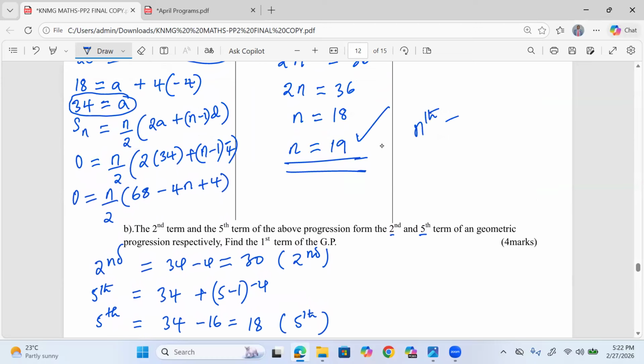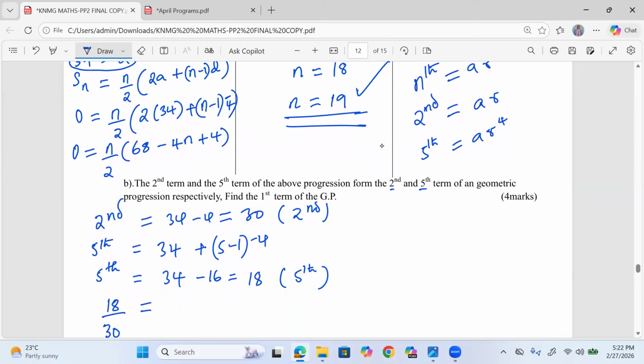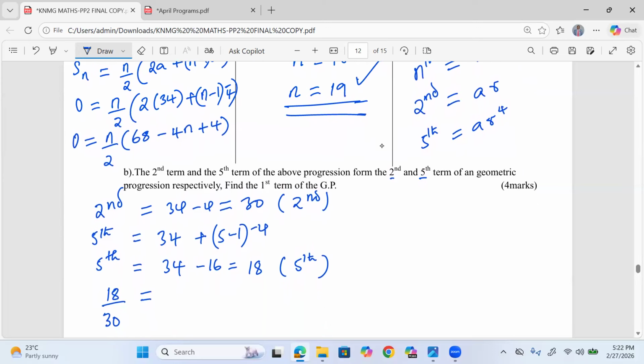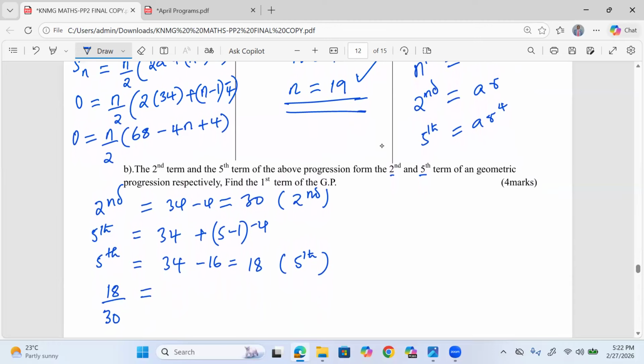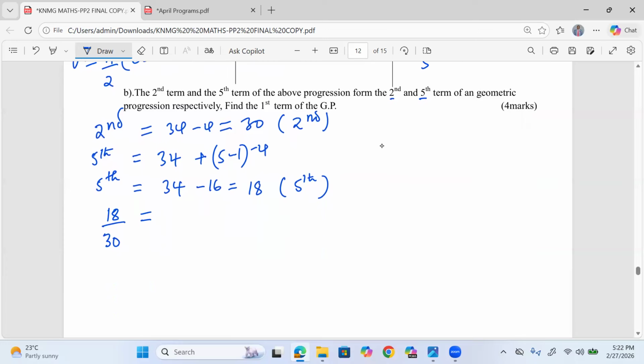In a GP, the nth term is given by A R^(n-1). Therefore, if it is the second term, it becomes A times R. And if it is the fifth, it becomes A R^4. Because we have started with the fifth, 18, we talk about A R^4 over A R.